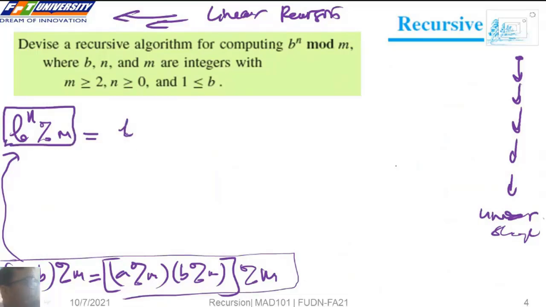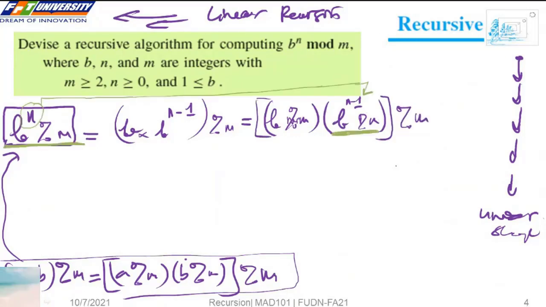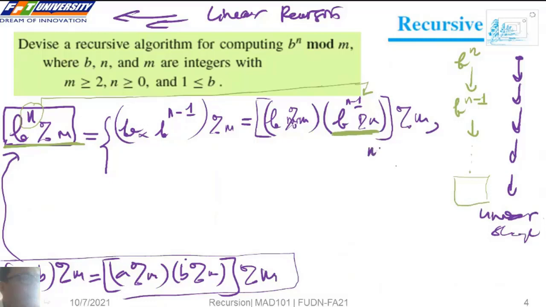So we can write this is the recursive step, in the case n is greater than 0. But if n is 0, we have b to the power of 0 modulo m. It means 1 modulo m is 1.